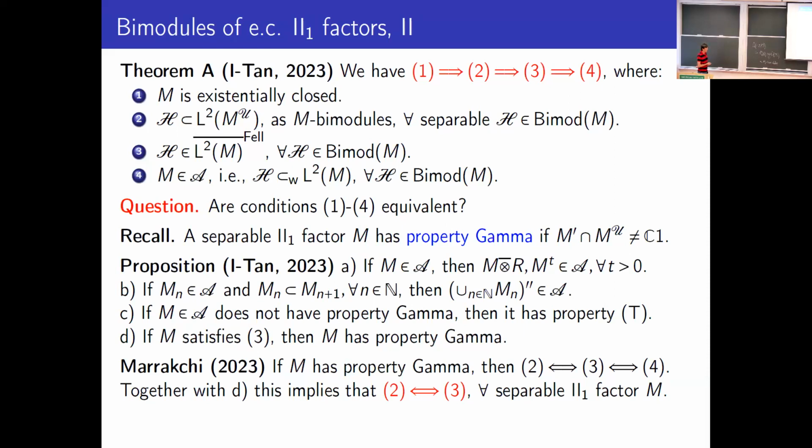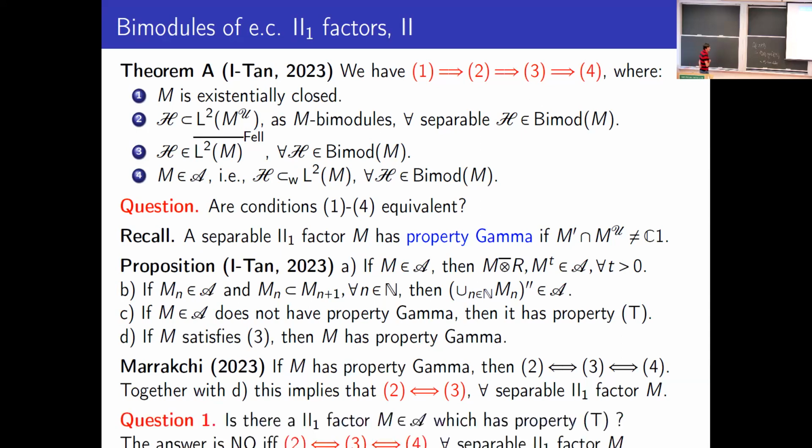And this is nice because, together with D, which says that if M satisfies 3 then it automatically has property gamma, it tells you that 2 and 3 are equivalent for any separable II1 factor M. So in this theorem, we also have the implication from 3 to 2.